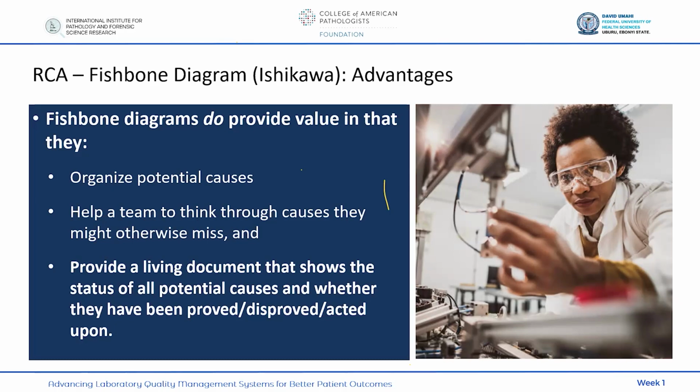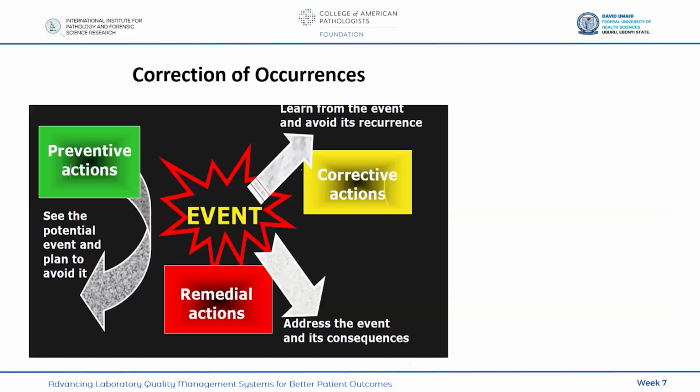It also provides a living document that shows the status of all potential causes and whether they've been proved or disproved. When you get all these causes, all of you start thinking about it, and at a point you say, oh no, this cannot be the cause, and you rule that one out. At the end of the day, you zero in on the possible causes and provide solutions to the most important ones.